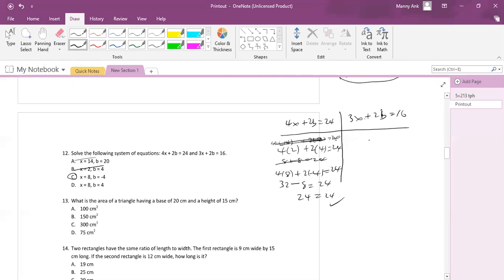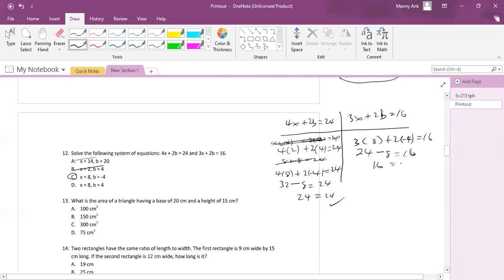So 3 times 8, plus 2 times negative 4, should be equal to 16. This is 24 minus 8 equal to 16. Is that true? Yes, 16 equal to 16. So it satisfies both equations. That's why it's the correct answer.